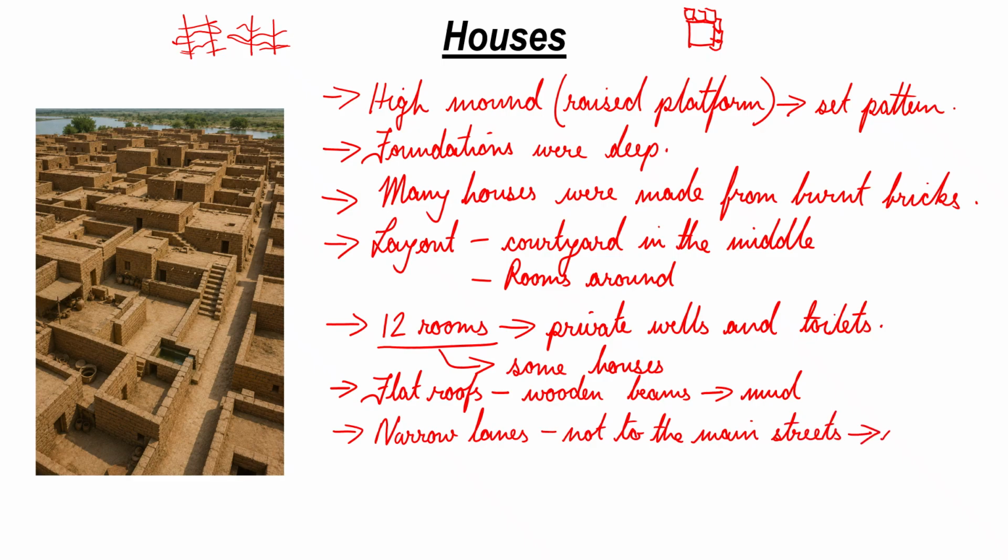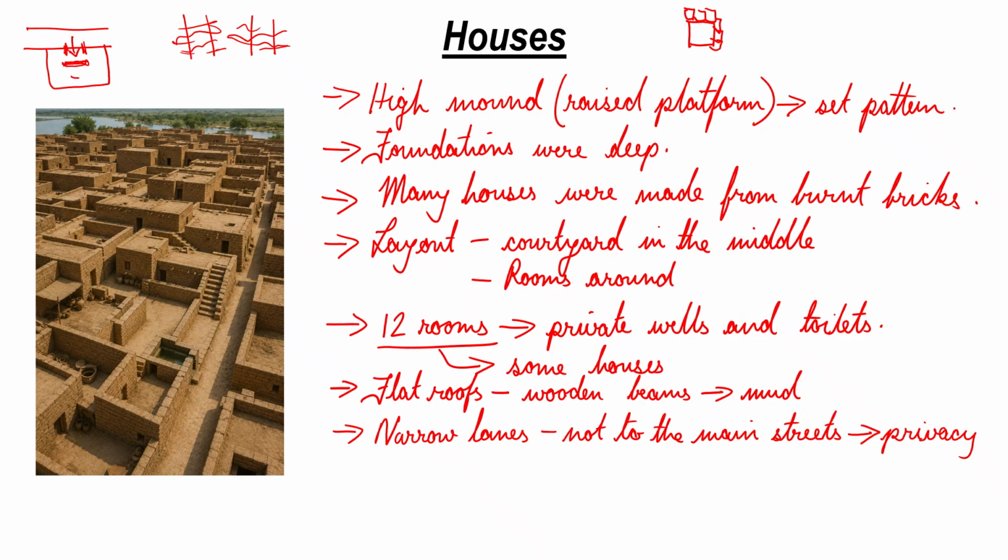This was done for the maintenance of privacy. So if this is the street and this is the entrance of the house, suppose this is the entire house complex, this is the gate of the house, there will be a broad gate, but in front of the gate there will be a short wall like this, so that no one from outside can see inside of the house directly, and no one from inside can see outside of the house directly.